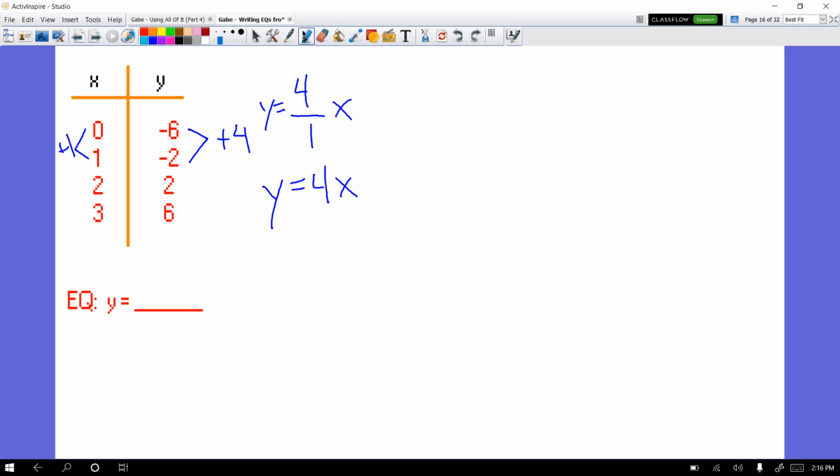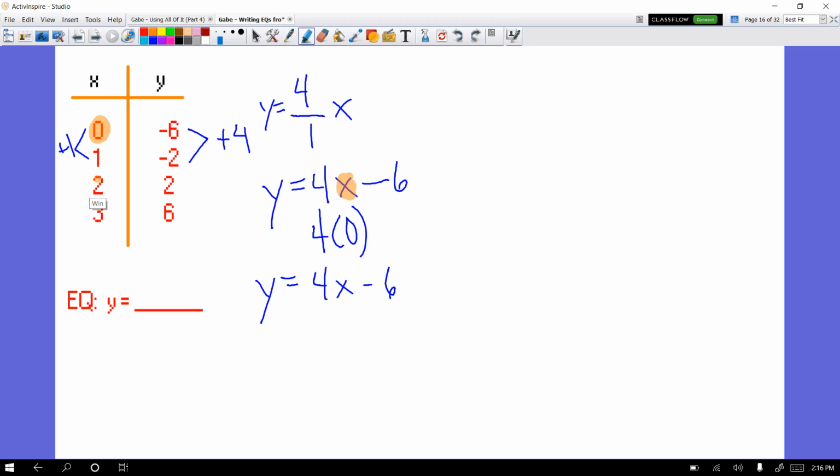Now I'm going to pick 0 and substitute it in for x. This will tell me where I need to go, adding or subtracting. 4 times 0 is 0. How do I get to negative 6? Minus 6. Let's test it.